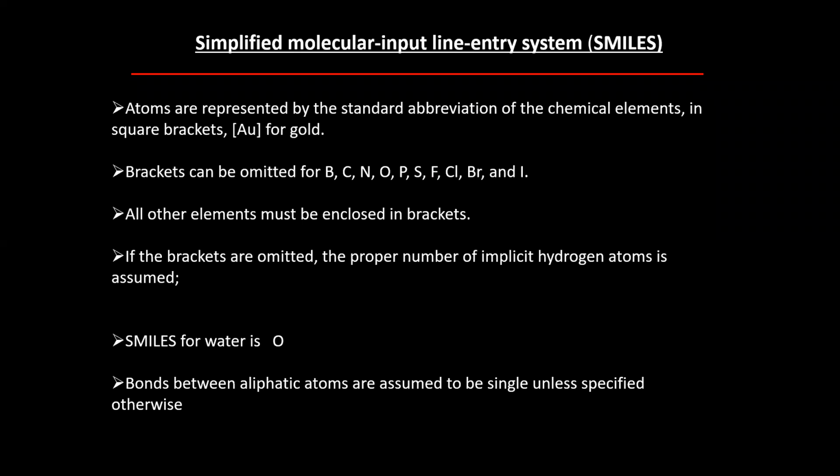We can represent single, double and triple bonds, stereochemistry, aromatic rings, aliphatic chains, and branching. Everything could be nicely represented in a string notation. So SMILES is a very important notation for the whole thing.